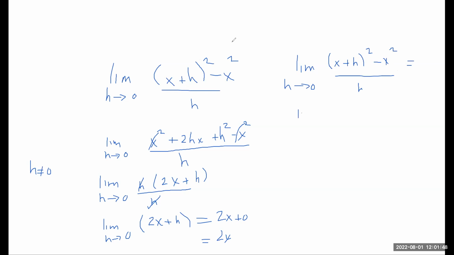So I don't write the limit anymore. In the numerator, we'll get x squared minus x squared, which is 0, and the denominator, of course, is 0.